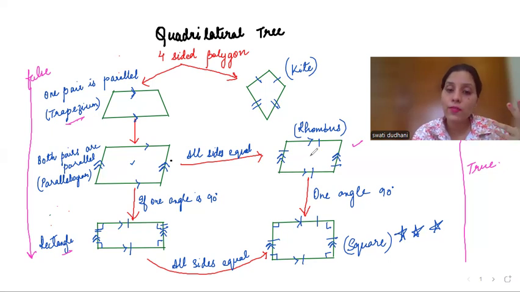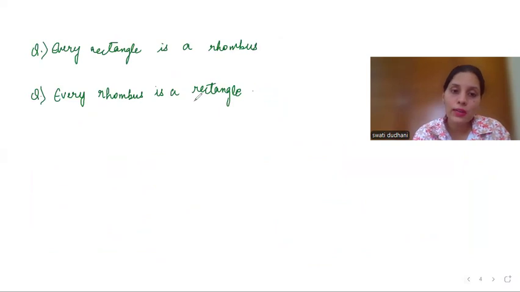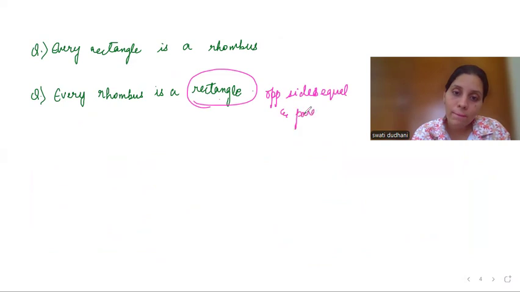Now let me check the reverse: every rhombus is a rectangle. Let me draw the figure and show it to you. For it to be a rectangle, you need to prove opposite sides equal and parallel and one angle 90.